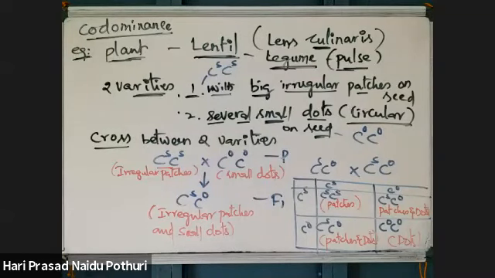Neither allele is dominant or recessive to the other. This is called codominant.